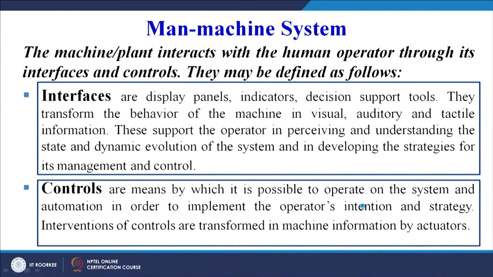Now the man machine system interacts with the human operator through its interfaces and control. They may be defined as follows. So we can see that basically the man machine system is an interaction or an interface between a man and a machine. Now how the machine or the plant will interact with the human being, or how I can interact with the machine.